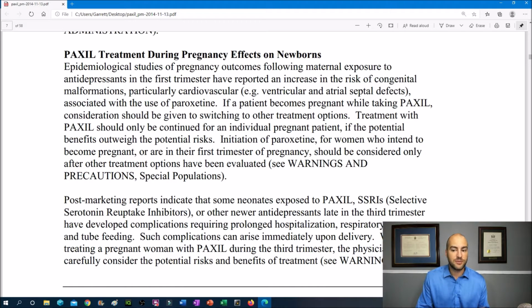If a patient becomes pregnant while taking Paxil, consideration should be given to switching to other treatment options. Treatment with Paxil should only be continued for an individual pregnant patient if the potential benefits outweigh the potential risks. So initiation of paroxetine for women who intend to become pregnant or are in the first trimester of pregnancy should be considered only after each treatment option has been evaluated. Again, we'll see that in warnings and precautions.